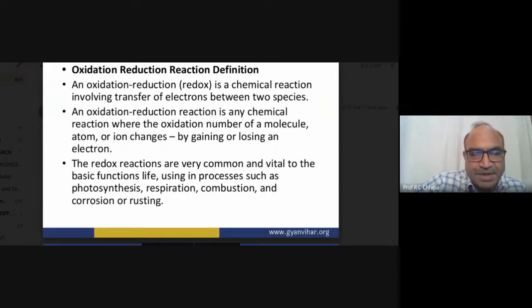Because of respiration we get the energy, and our movement continues. Combustion means the destruction of organic materials, organic compounds, and this is well known in petrol and diesel, which are highly used by petrol and diesel vehicles.